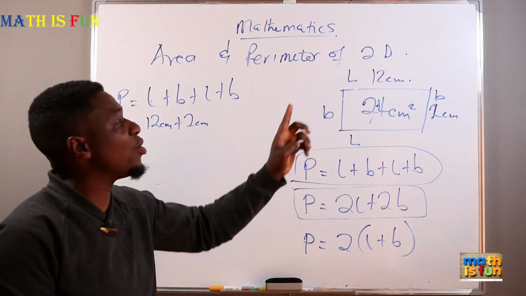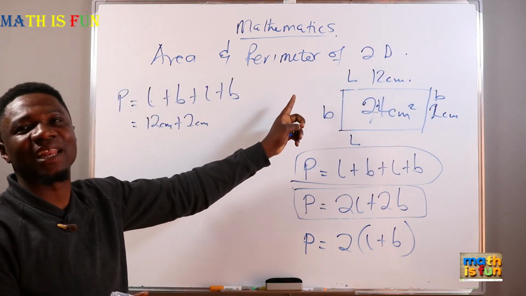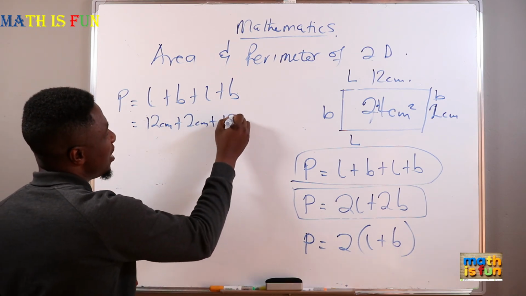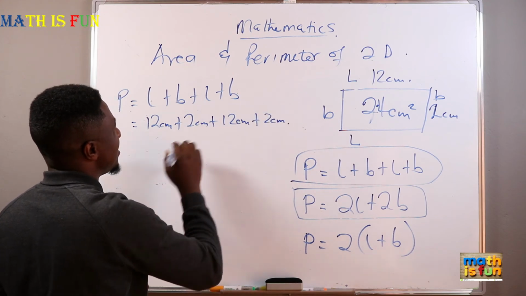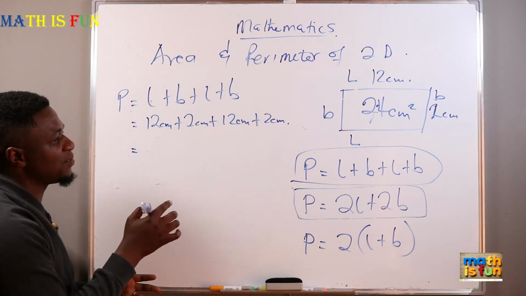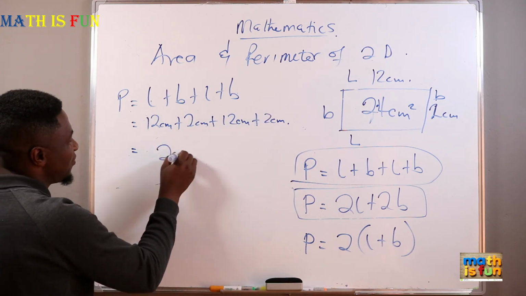So I'm going according to how the person walks around that particular shape, the netball court. Plus 12 centimeters again, plus 2 centimeters again. Quick forward, 12 plus 12 will give us 24, plus 4 will give us what? 28. So we have 28.